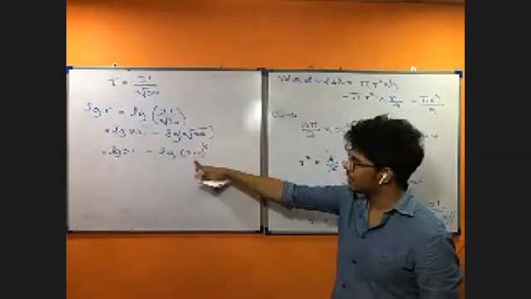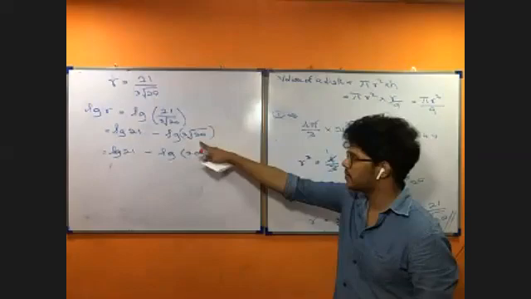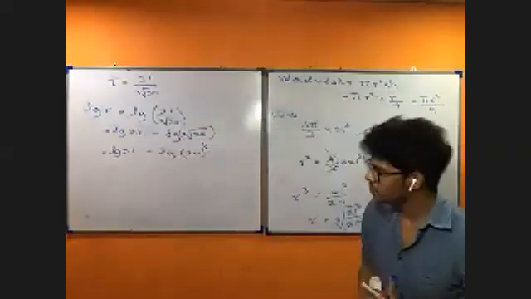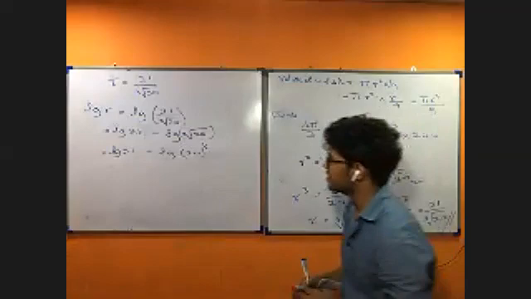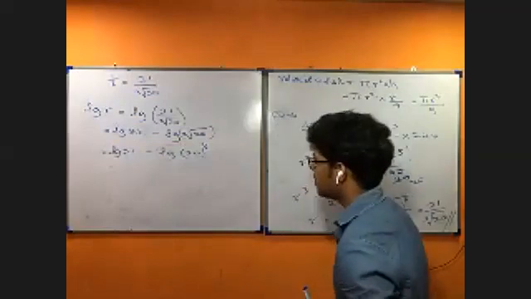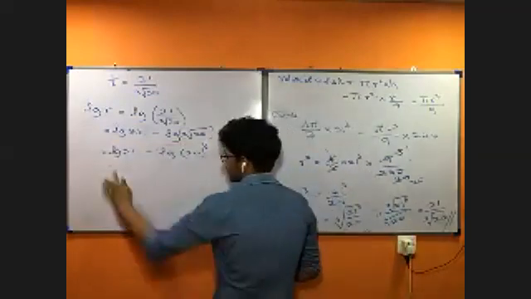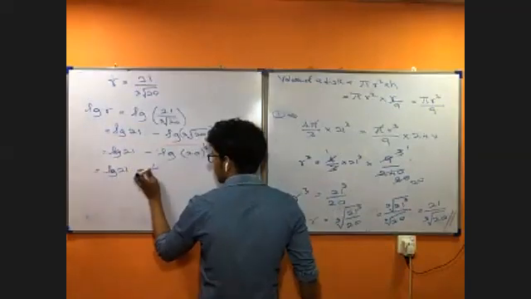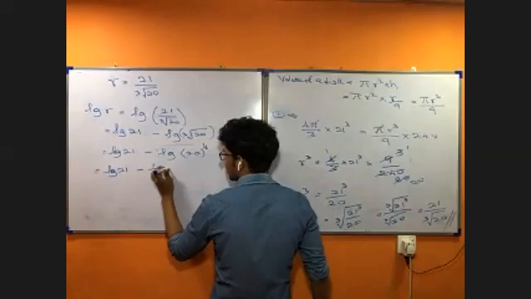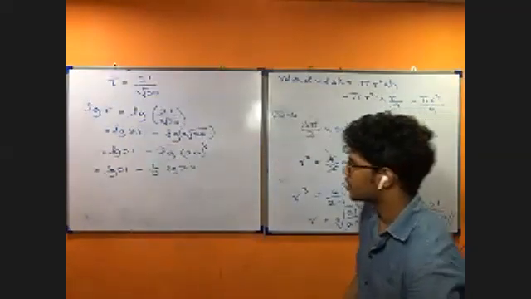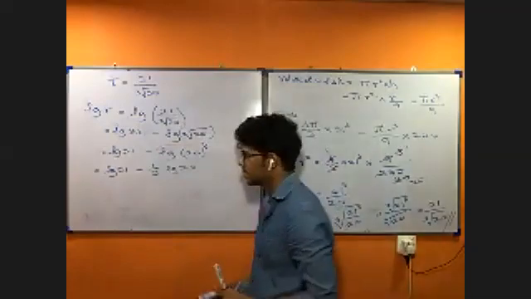Also we learned that if there is a power, the power comes to the front of log. So it is going to be log 21 minus 1 third log 20.